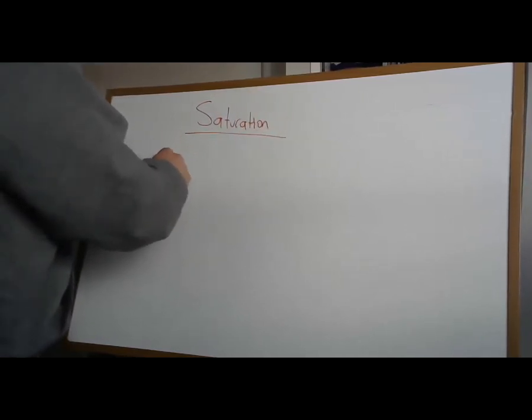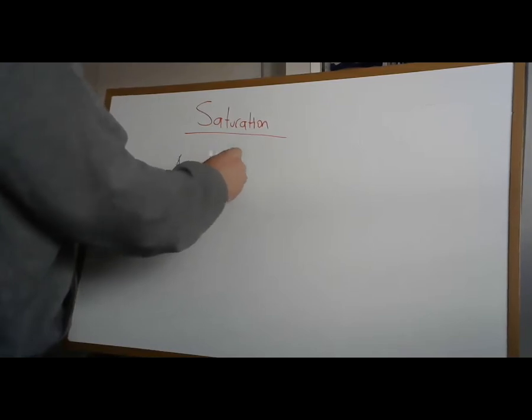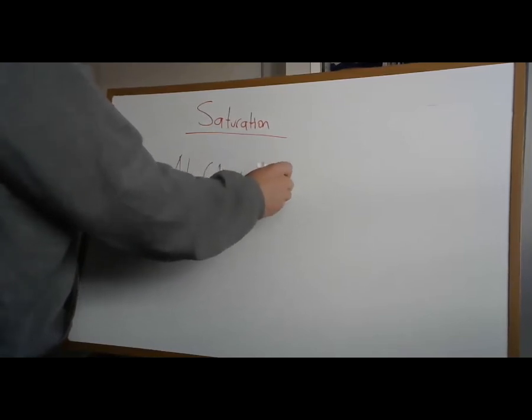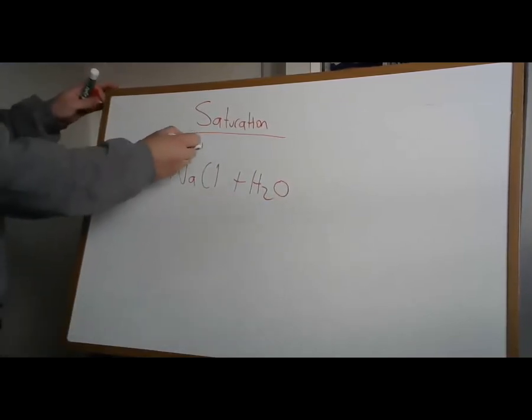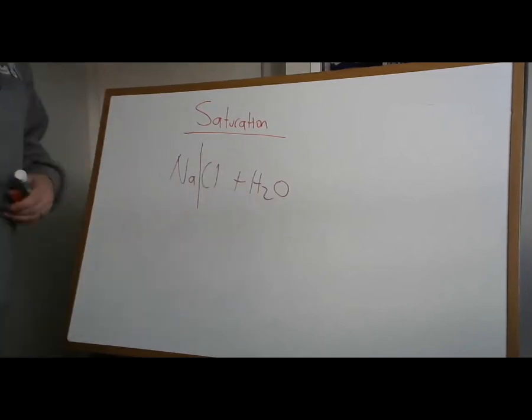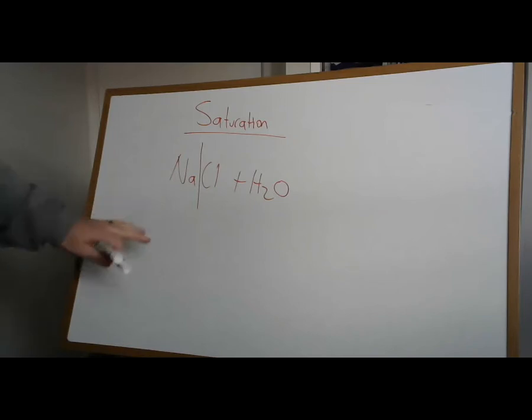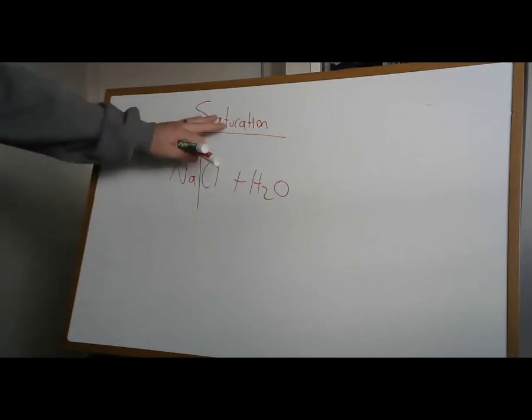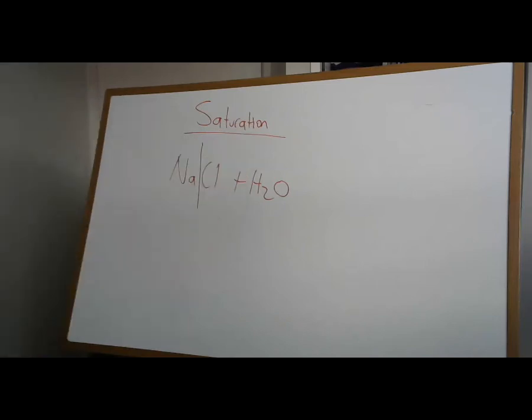So you add salt and water. Eventually you get Na and Cl dispersed as an aqueous solution in water. But eventually you can't dissolve anymore. So that's saturation. Everything has a saturation point.